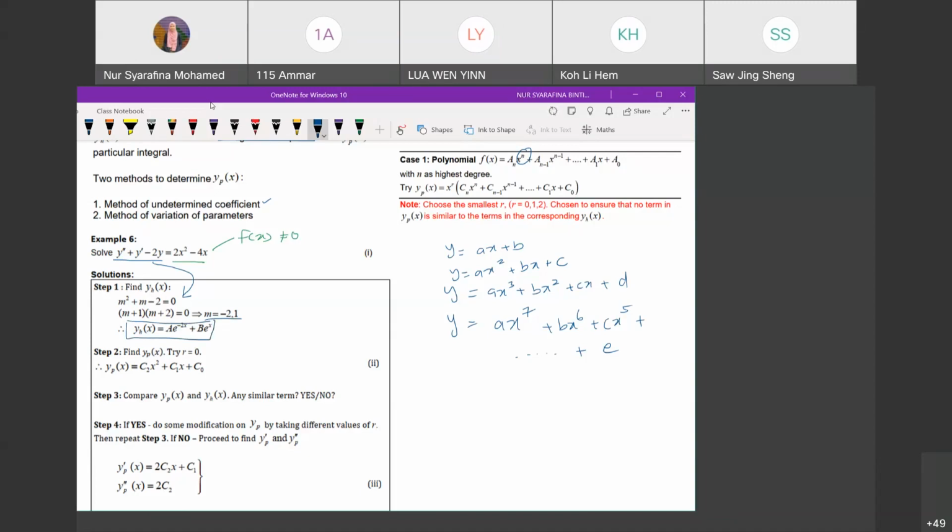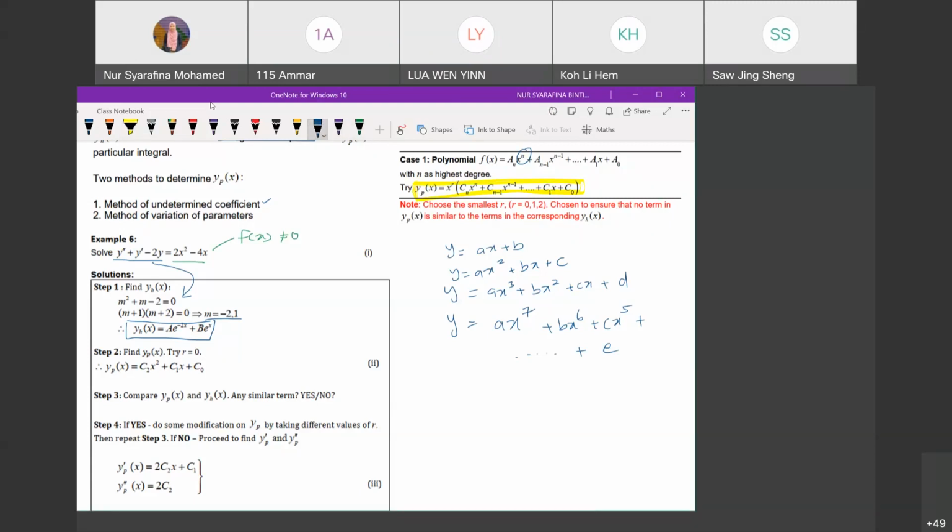So next, we want to find YP. And this is polynomial. So how can you find the solution of the polynomial part? When your function is a polynomial, then your YP is x^r times c_n x^n up until plus c_0.